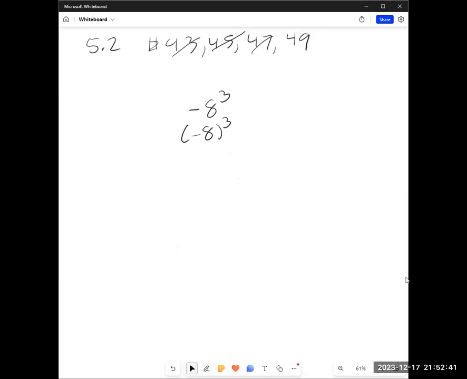So 8 to the 3rd is 512. So this is going to be a -512. But this is also going to be a -512, because a negative times a negative times a negative is a negative.